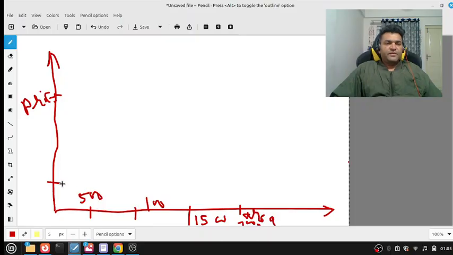Suppose for 500 square feet, for example, 15 lakh rupees, then we have taken the interval 30 or 45 lakh or something like this. Depending on the area, suppose this is 60 lakh, then 65, 70, something.